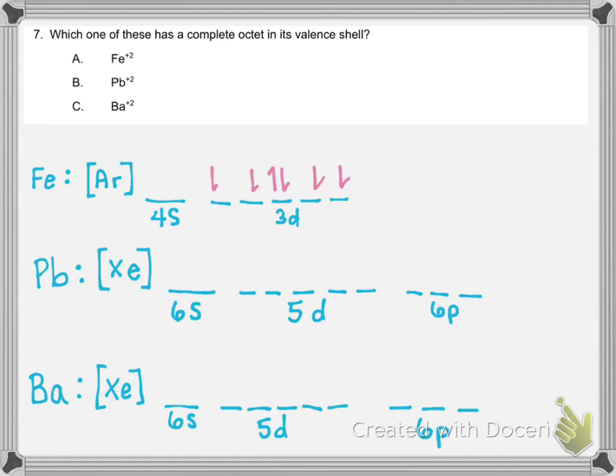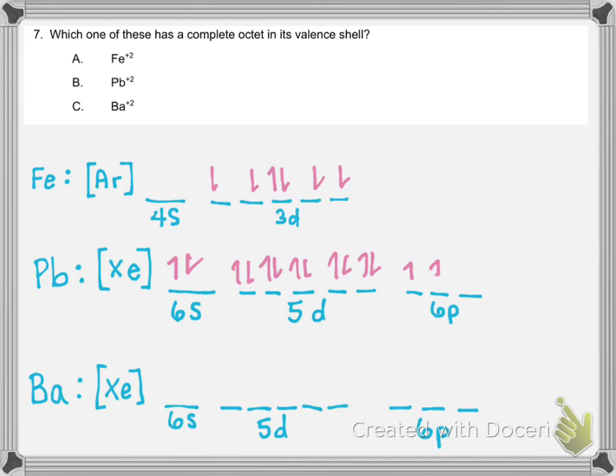And so next for lead, its electron configuration, it's pretty big. It ends up having a xenon core, a full S subshell, full D subshell, and then 2 6p electrons.